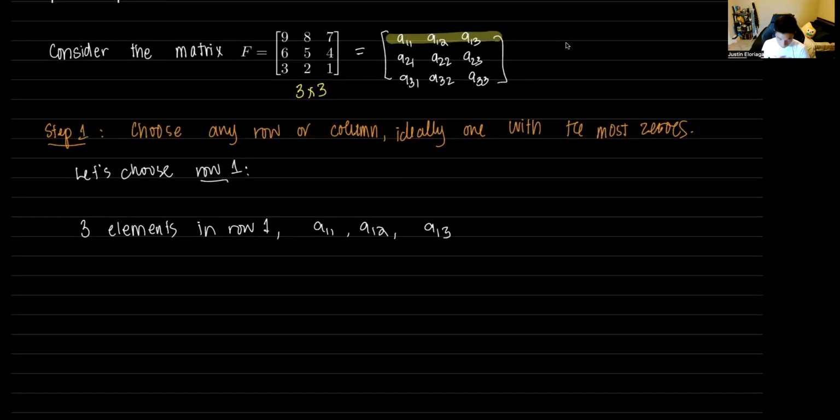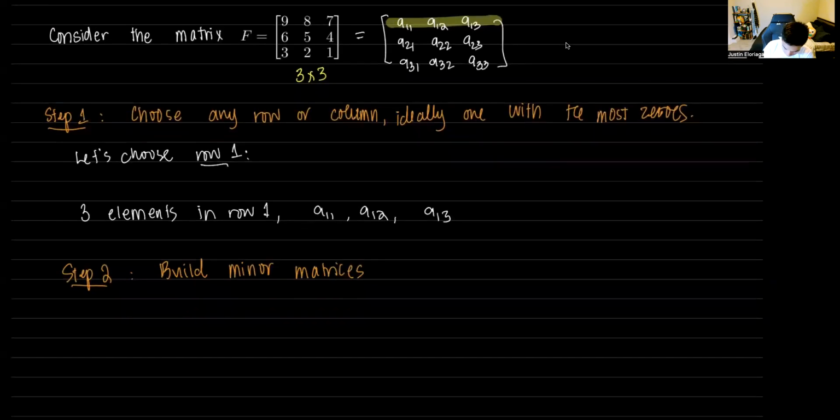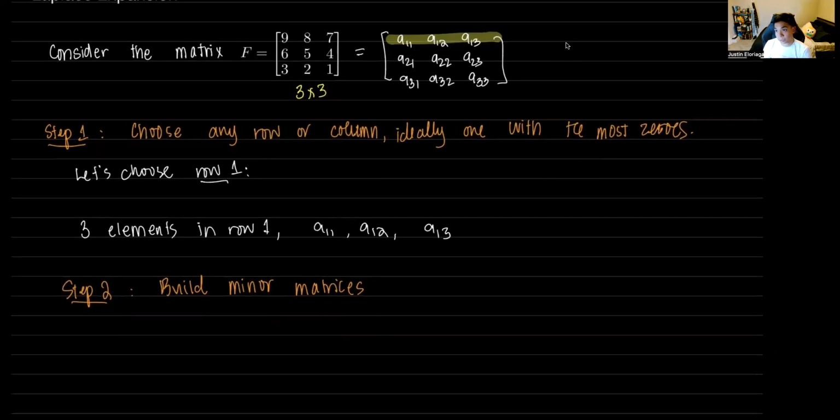Now the next step, step 2, would be to build what you call the minor matrices. If you selected a row or a column already, you're going to derive the minor matrix for each element that we have.